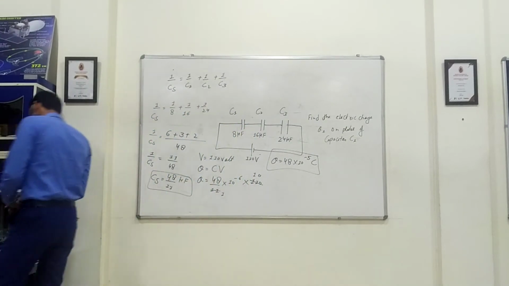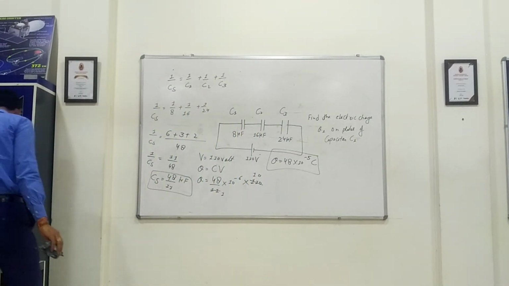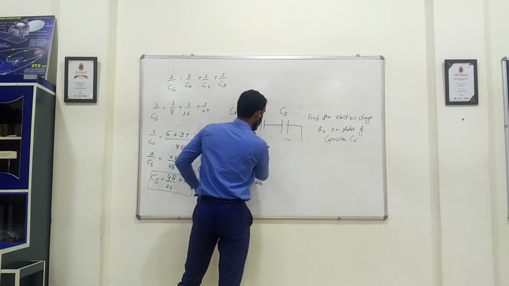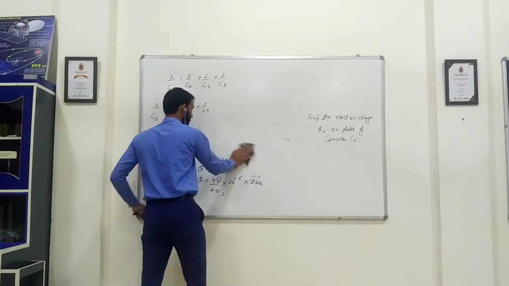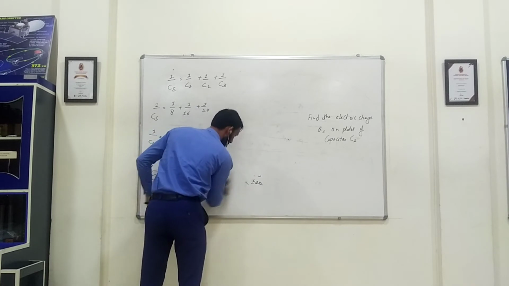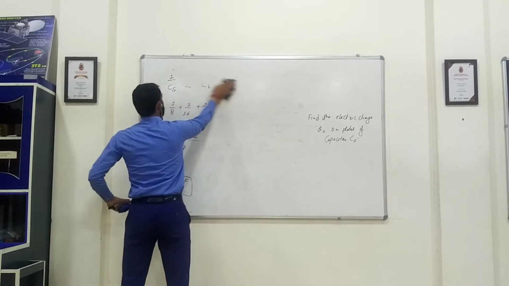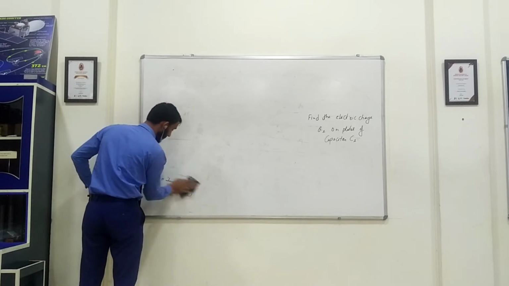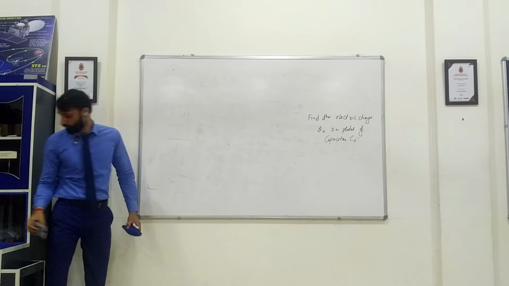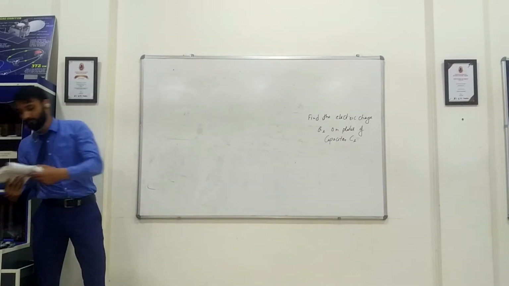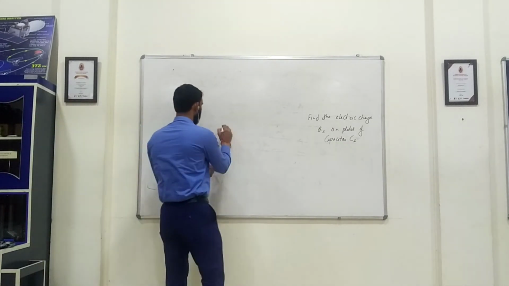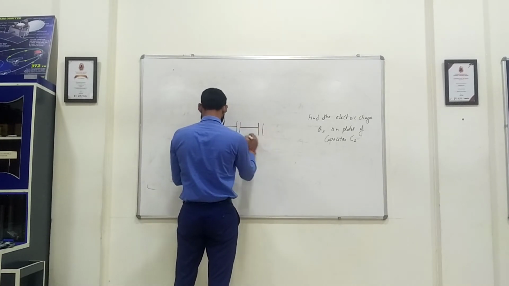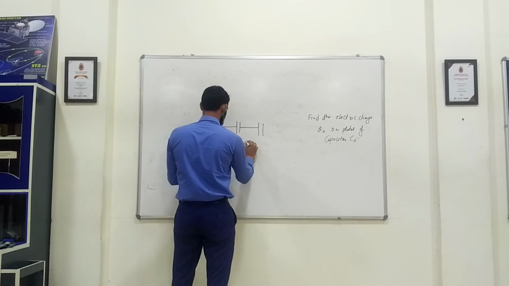Now one more, and this time I'll increase the difficulty level. I'll give you a bit more complex one this time, and this time also you try to first of all figure out how these are connected. So 1, 2, and then 3.